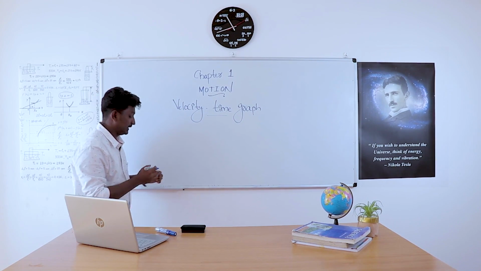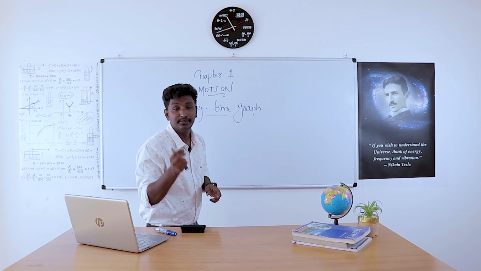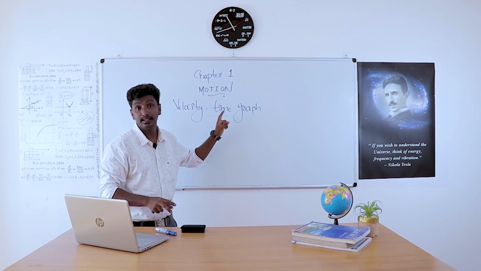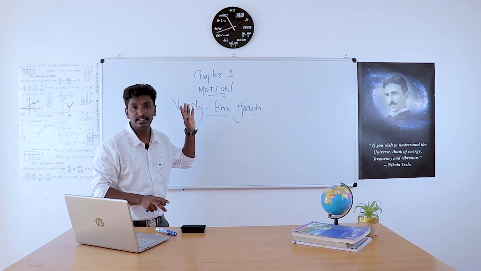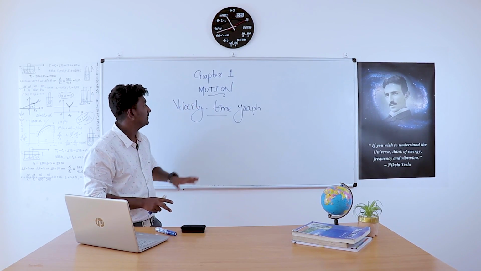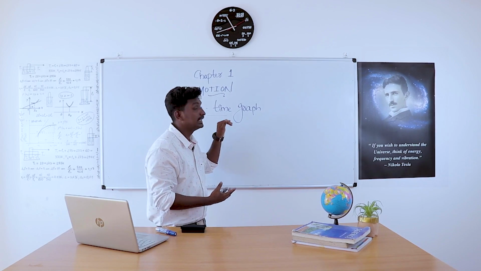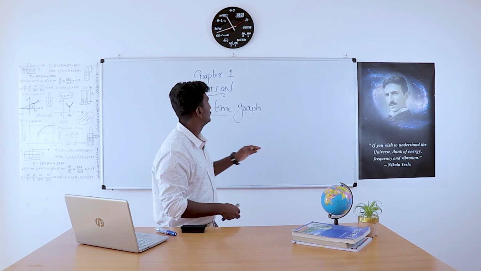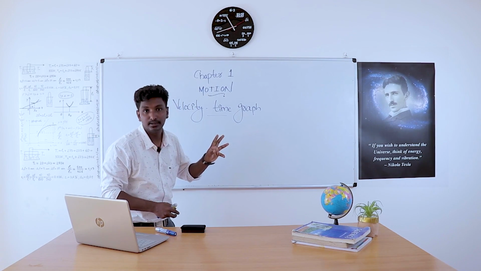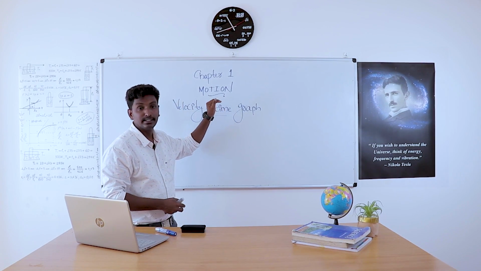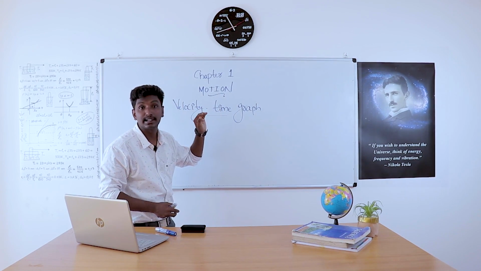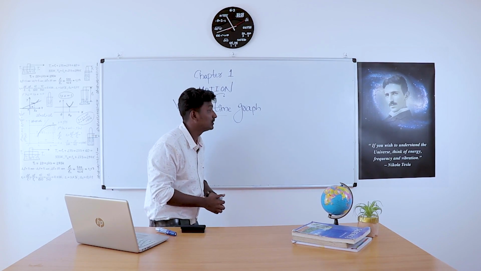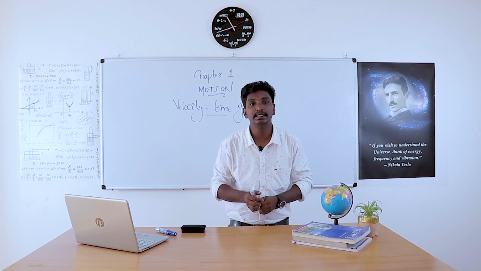In position time graph, we defined it as a graph plotted with time along x-axis and position along y-axis. We already know that time is our reference quantity. In this chapter, for explaining motion and the terms related to it, we take time as the reference quantity. Here in velocity time graph also, our reference quantity is time.